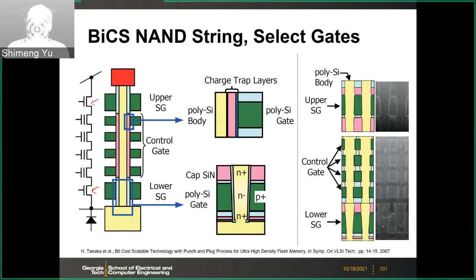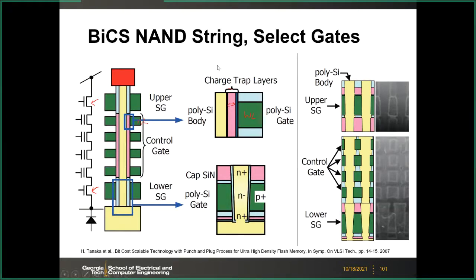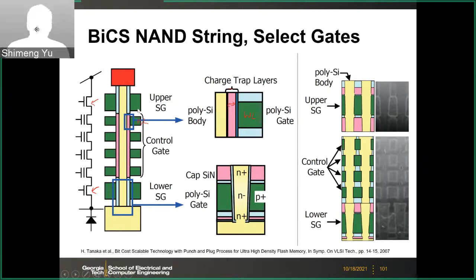Here you see the channel is vertical, and this pink region is the charge trap layer. And then you have the word lines here, the green ones. So this is the cross-sectional view of the structure.